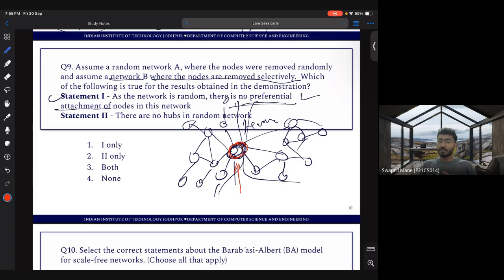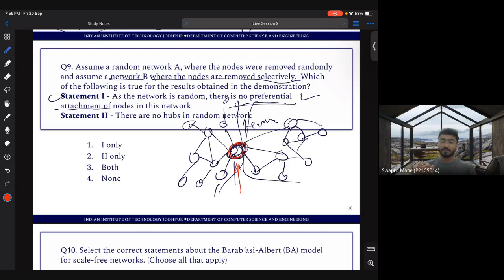Similarly, we applied this experiment to a random graph. In the random graph, we applied two methods similarly: randomly removing nodes and selectively removing nodes. And we found that, in both cases in the random graph, we have a lot of steps to do to remove the nodes before we get a disconnected graph.